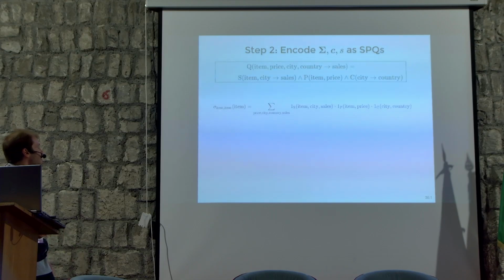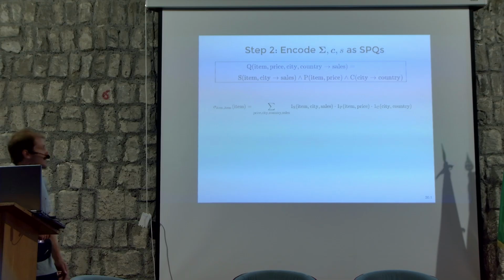Let's start with item. This is our query, the query that gives us the training data. Now we replace the input tables by indicator functions, which return 0 or 1 depending on whether the tuple is in the corresponding relation. For example, this indicator function over here returns 0 or 1 depending on whether this tuple is in the relation S, and so on.